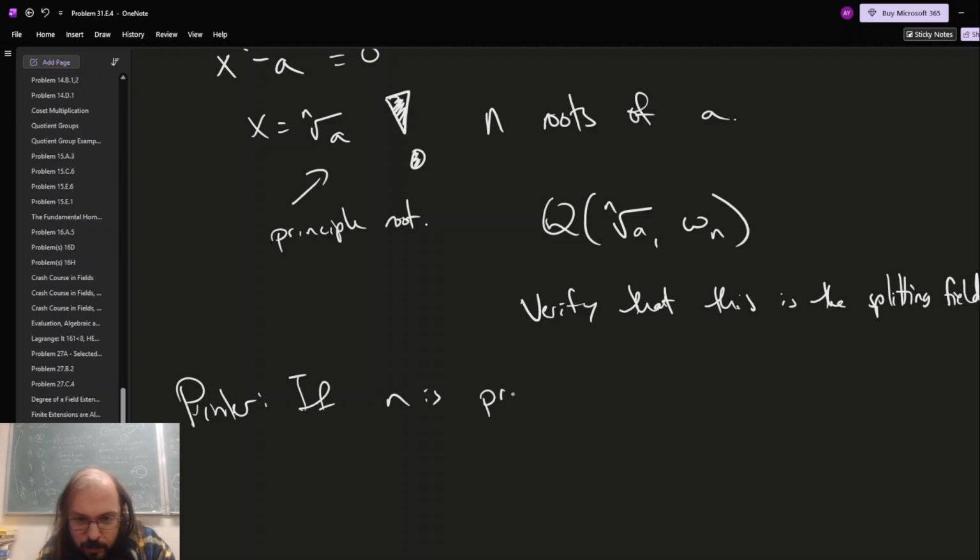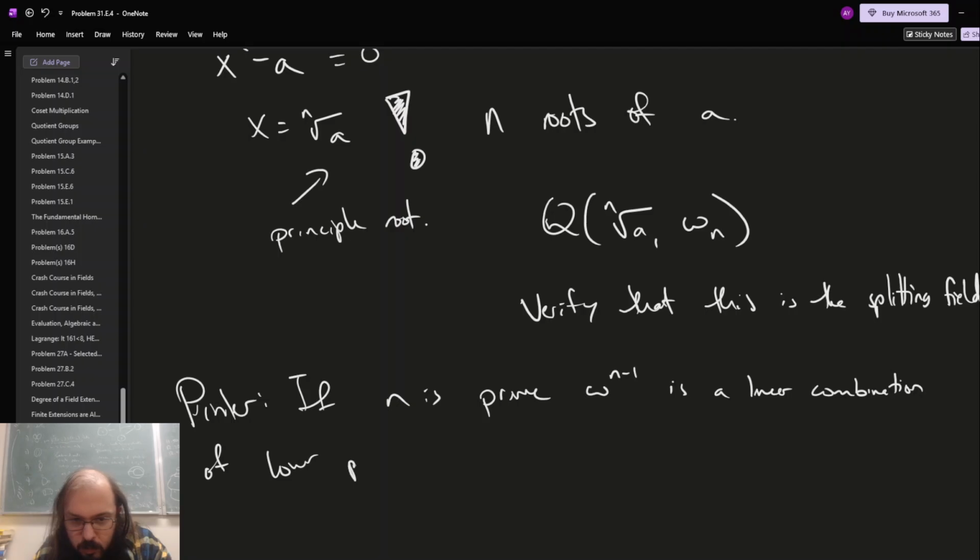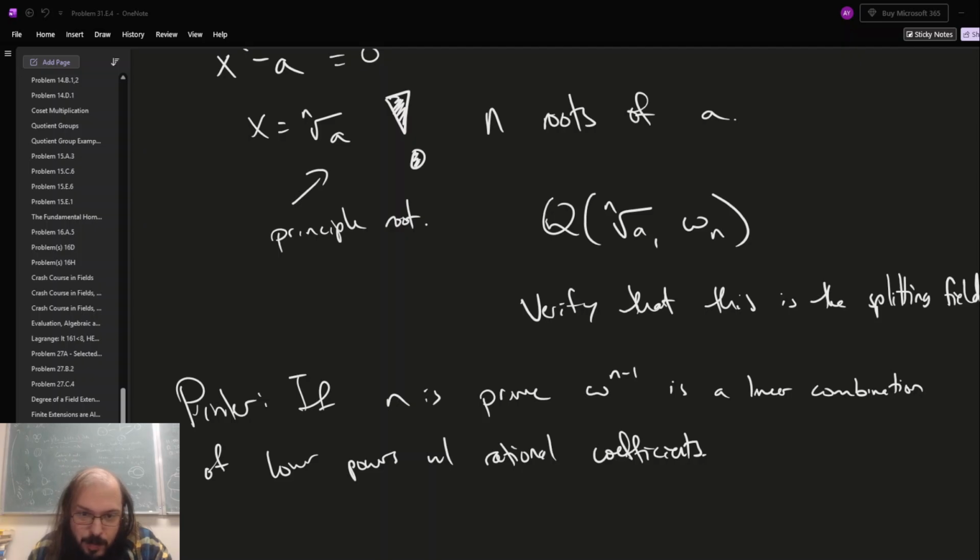If n is prime, then omega to the n minus 1 is a linear combination of the lower powers with rational coefficients, which leaves us to wonder what could happen if n is composite.